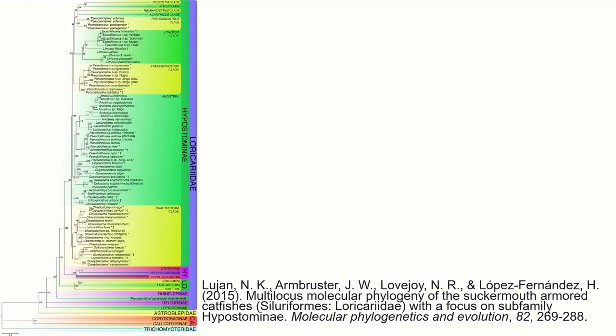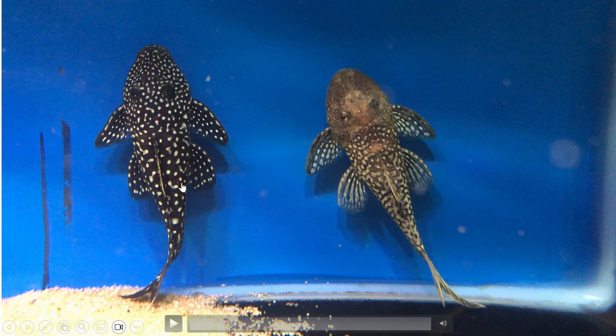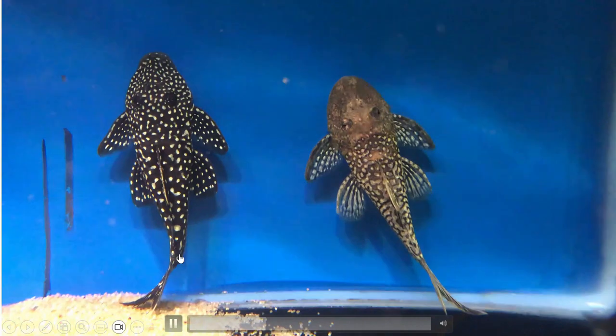And I was particularly lazy. This is an example of a Pseudancistrus, and I can't remember where it places. This is Pseudancistrus asurini in its morph phase, and I just thought this was a really cool video just to show how different the coloration varies.